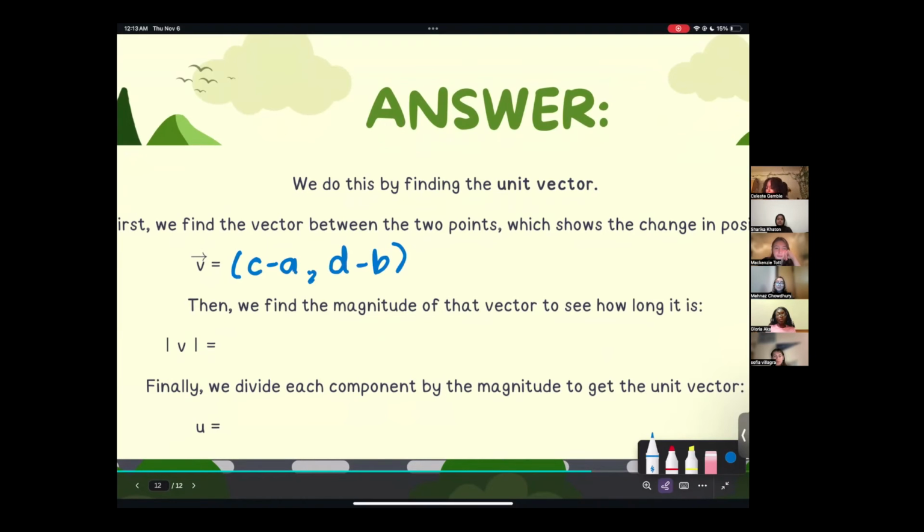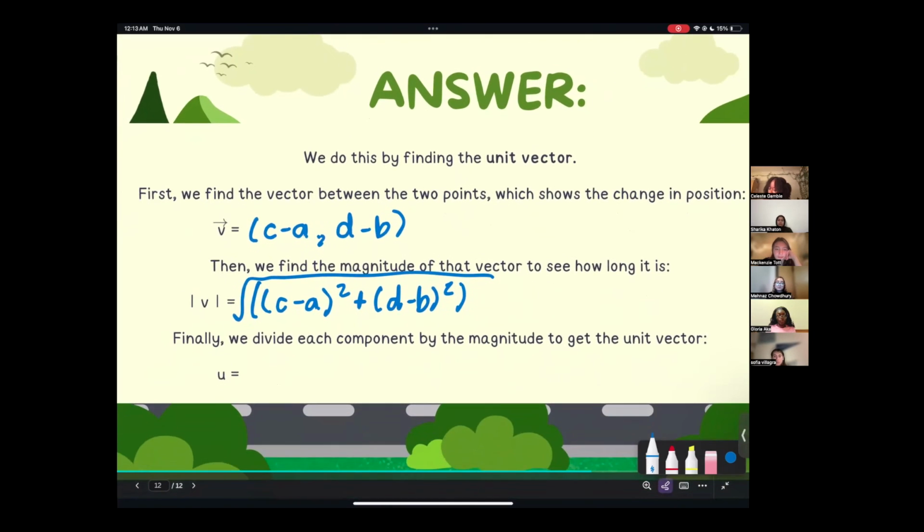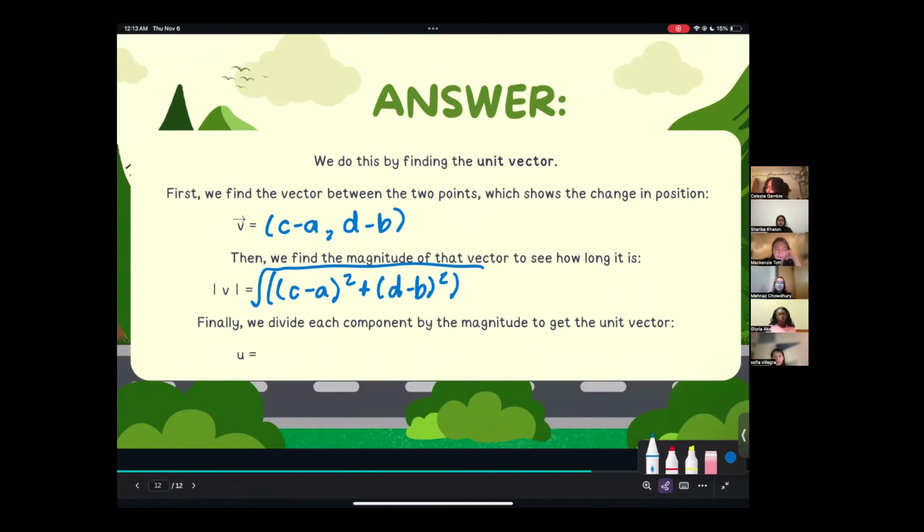Then we're going to find the magnitude of that vector to see how long it is. The magnitude of the vector is equal to the square root of (c minus a) squared plus (d minus b) squared. And then finally, we're going to divide each component by the magnitude to get the unit vector.